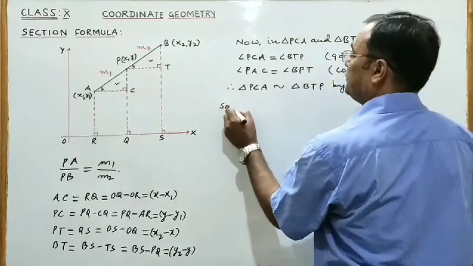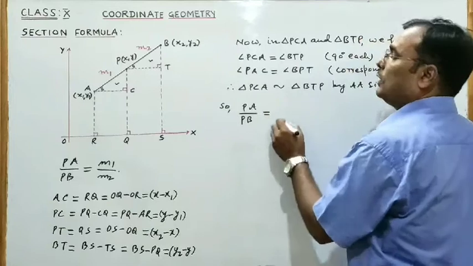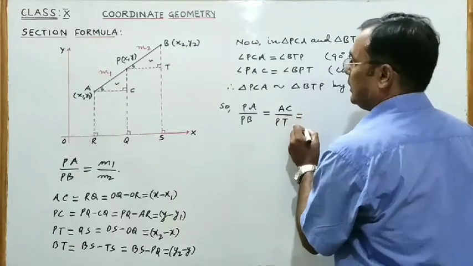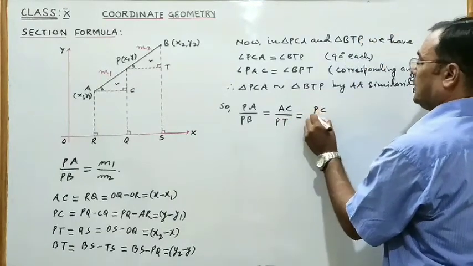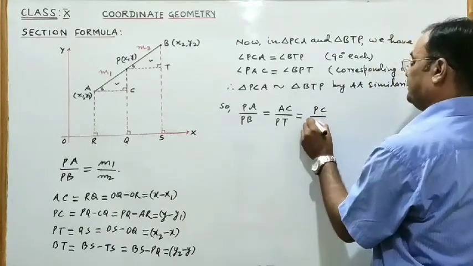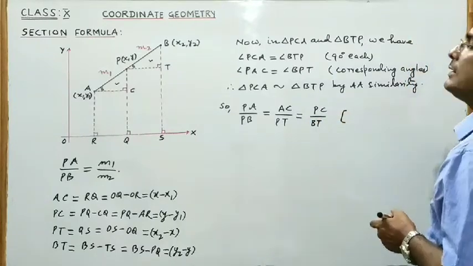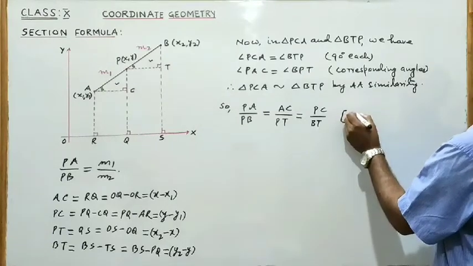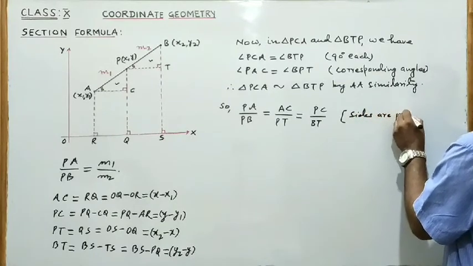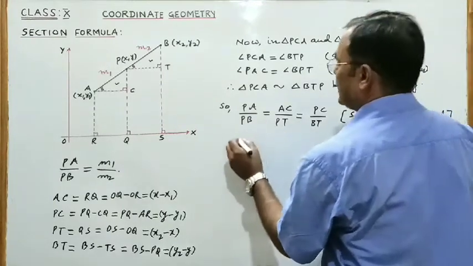So PA by PB is equal to AC by PT is equal to PC by BT, because corresponding sides of similar triangles are proportional.